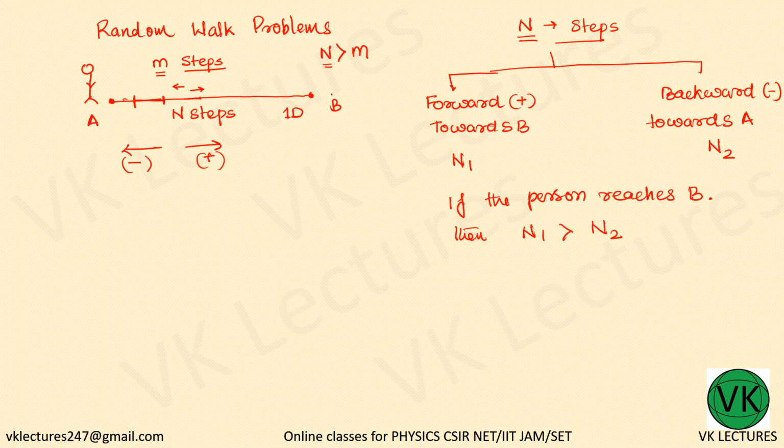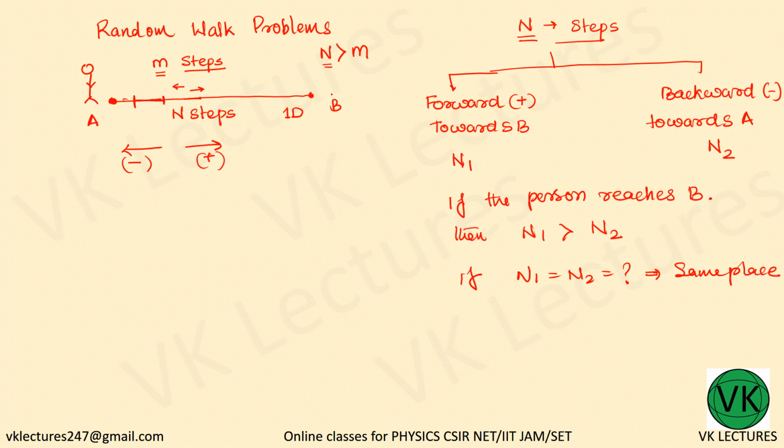Only then will he reach the point B. If n1 equals n2, what happens? He will be at the same place. Number of forward steps equal to number of backward steps. If he starts from here, he will reach the same point if the number of forward steps is equal to the number of backward steps. So if n1 equals n2, he will be at the same place.